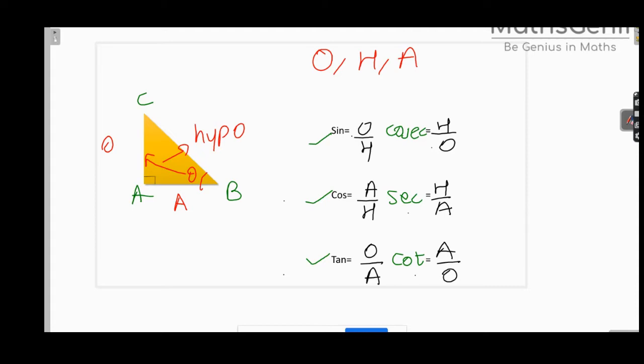Sine, cos, tan, cot, sec, cosec. And the song is OHAHOA. Always remember this in the form of a rhyme.